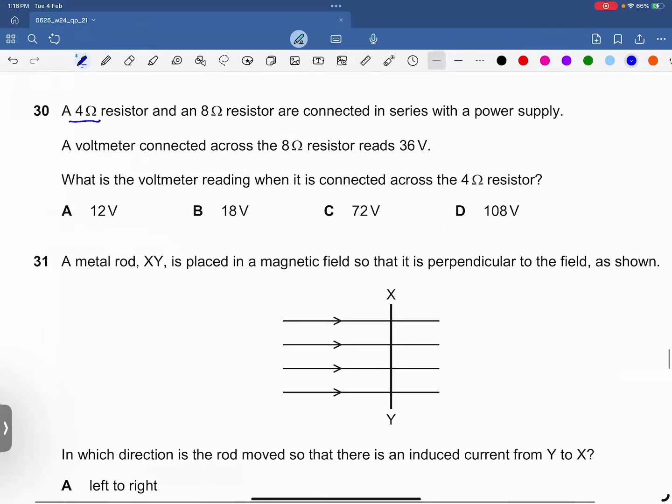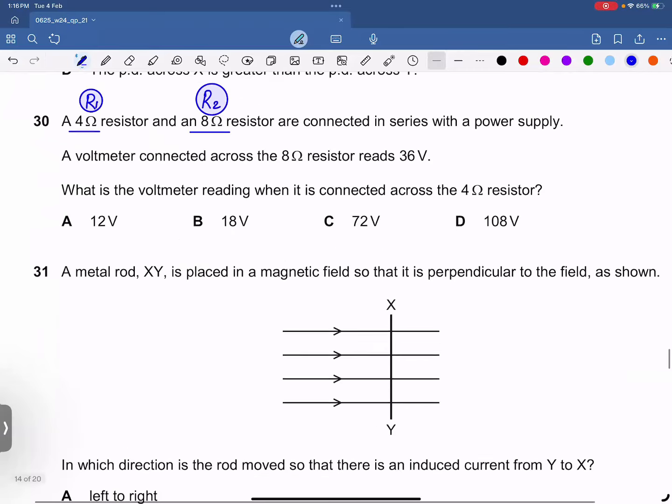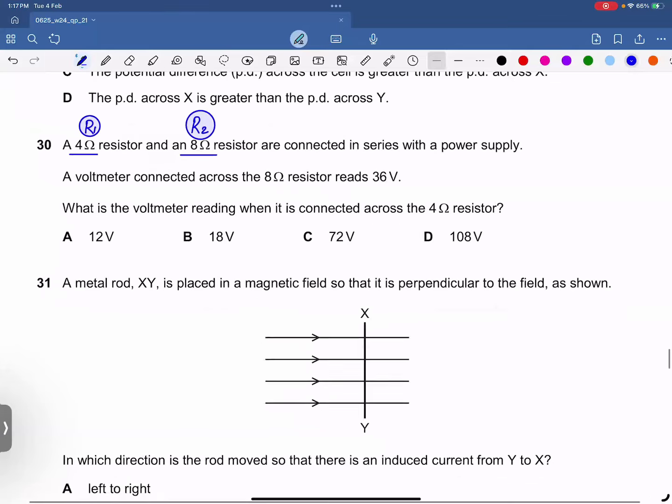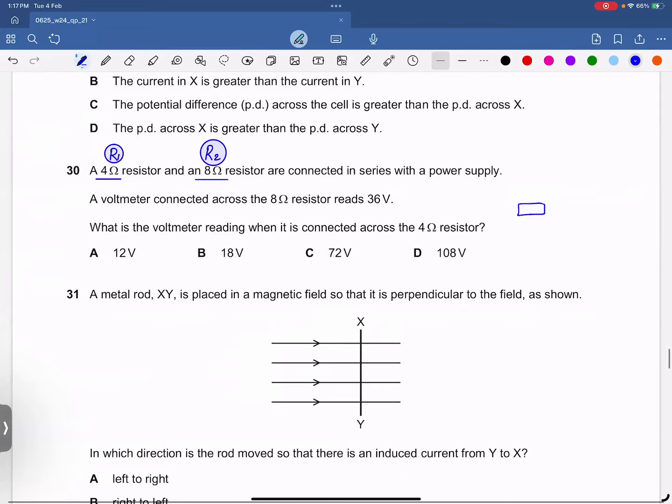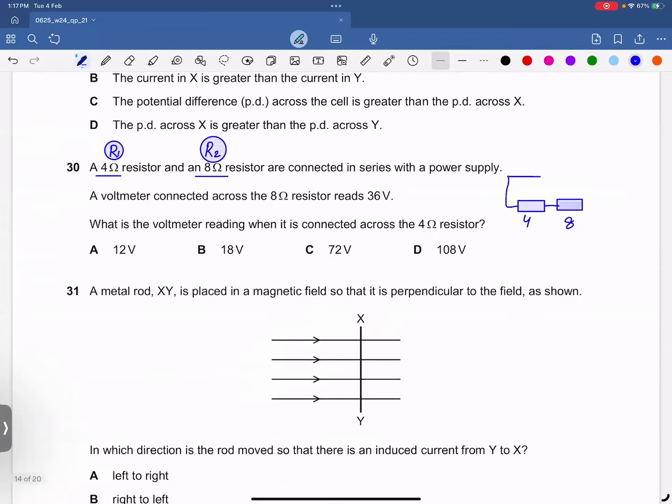A 4 ohm resistor R and an 8 ohm resistor, you can say R2 and R1, are connected in series. Okay, let's connect them. 4, 8, connected in series with the power supply.